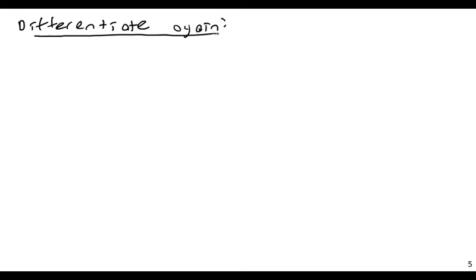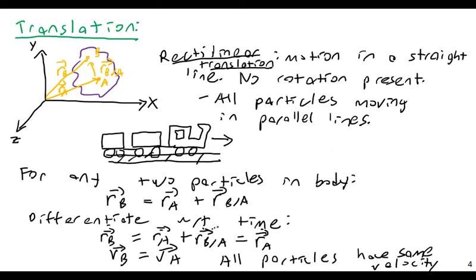And then I could also say that if I differentiate again, I would get RB double dot, and the reason this is going to be the same is because this term here is 0.